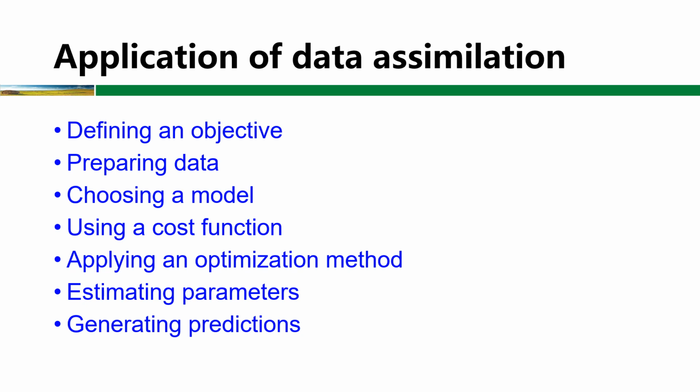Now, let's get into the application of data simulation. Before we start, let's revisit the 7-step procedure again. Defining an objective, preparing data, choosing a model, using a cost function, applying an optimization method, estimating parameters, and generating predictions.